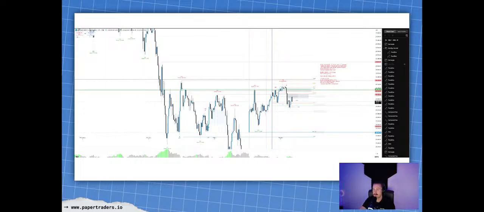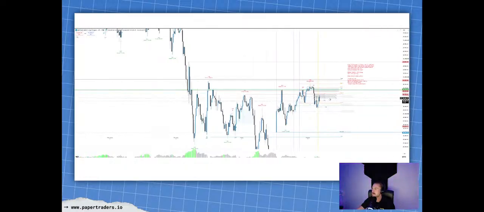Looking on the 15-minute, we have two FVGs. Price is currently rejecting the one that is resting from $28,708.25 to $28,685.